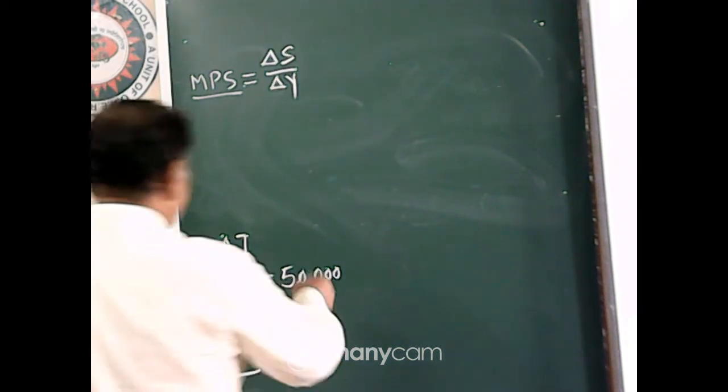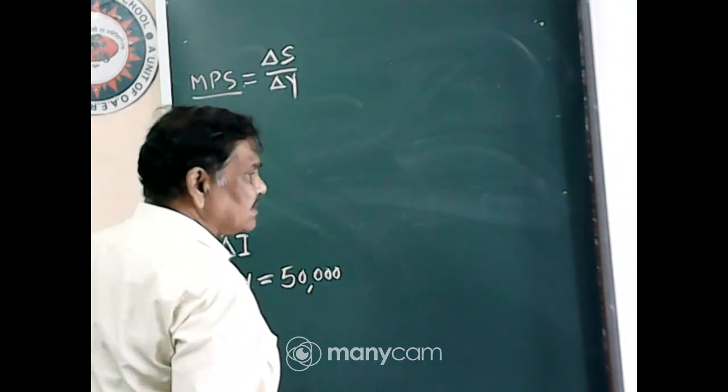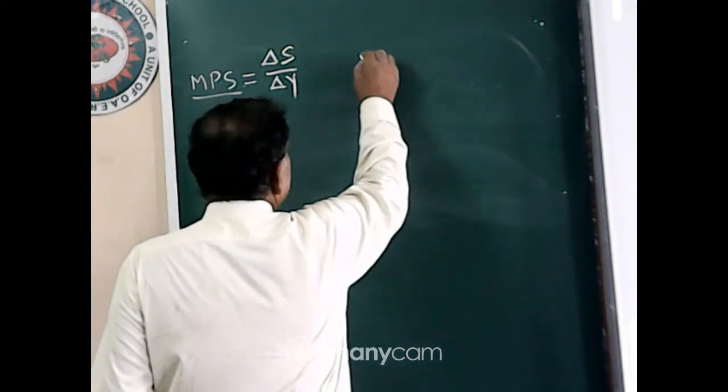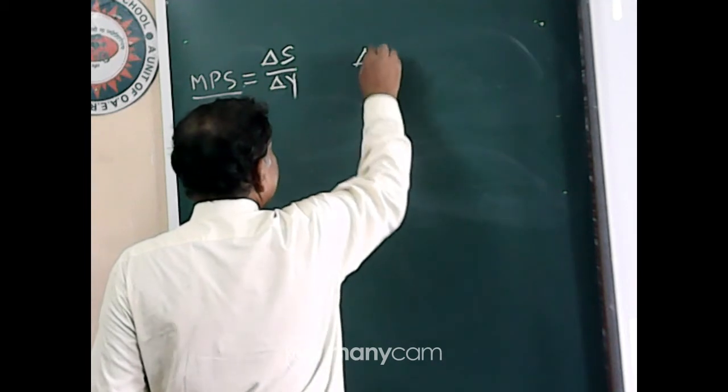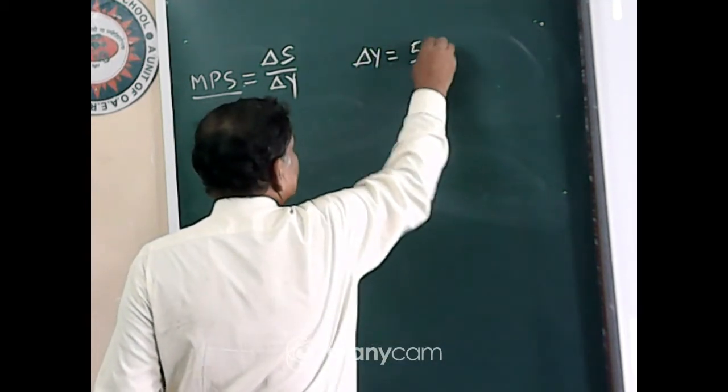Now half of the increased income is increased saving. So delta Y is equal to 50,000 given here, 50,000 crore.